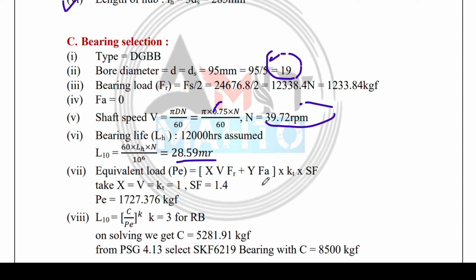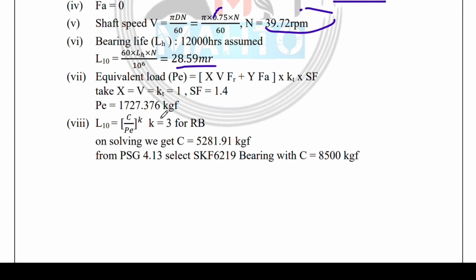So put all the values. Fa we got 0, and Fr we also found out here. Put all the values, substitute it and get the answer of equivalent load, which will be 1727.376 kgf. Okay, now you have found the equivalent load.